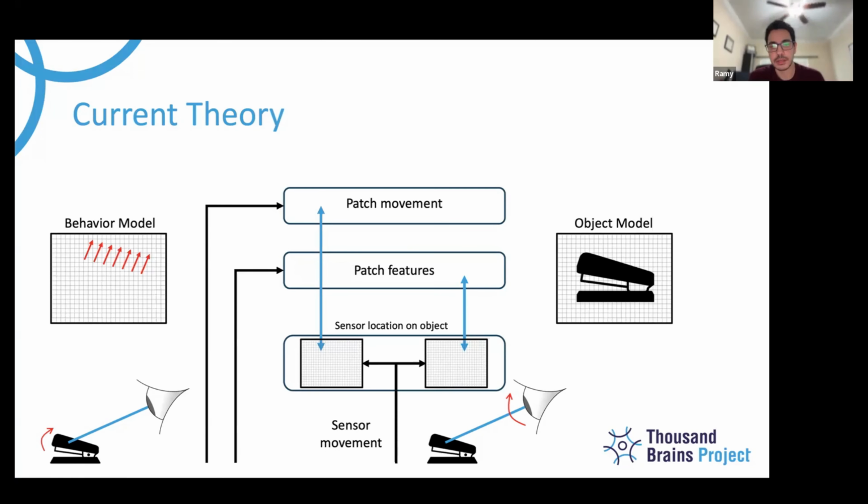One of them is learning the features at these locations, and the other one is learning movements at these locations, and they are both synced, and they're both using the sensor movement to know where we are. And the object model and the behavior model are basically knowledge embedded in the associative connections between the features and the locations and the movement of the locations. So the model itself is in the associative connections. I hope I got that right.